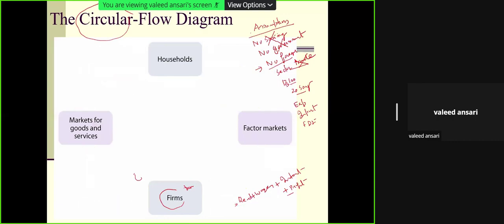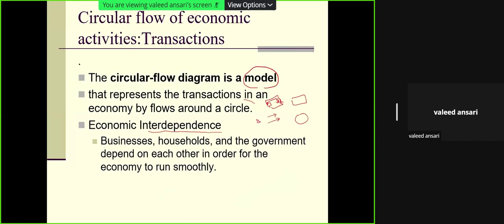And economic interdependence: businesses, households, government, and the financial sector all have to work in tandem for a smooth functioning of the economy. It is not that businesses are making huge investment but households are not spending money, or government is putting too much tax on, and naturally that may be counterproductive.